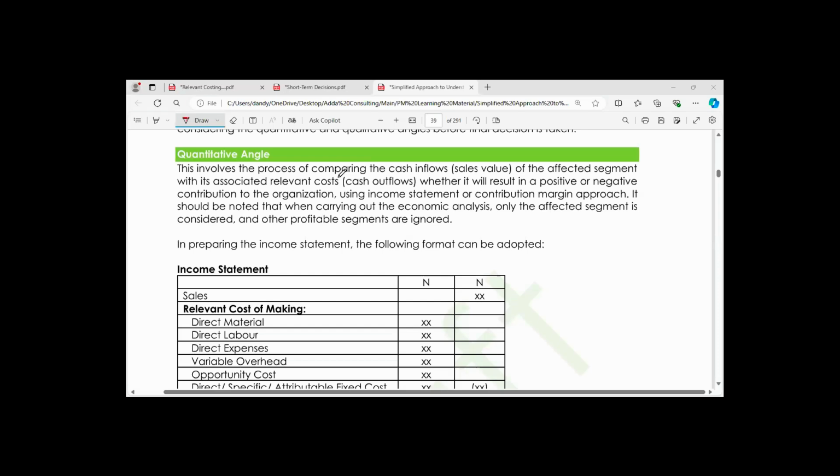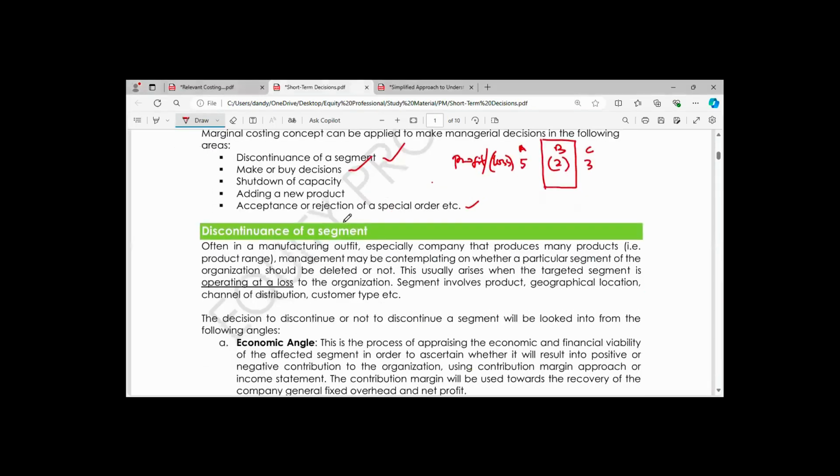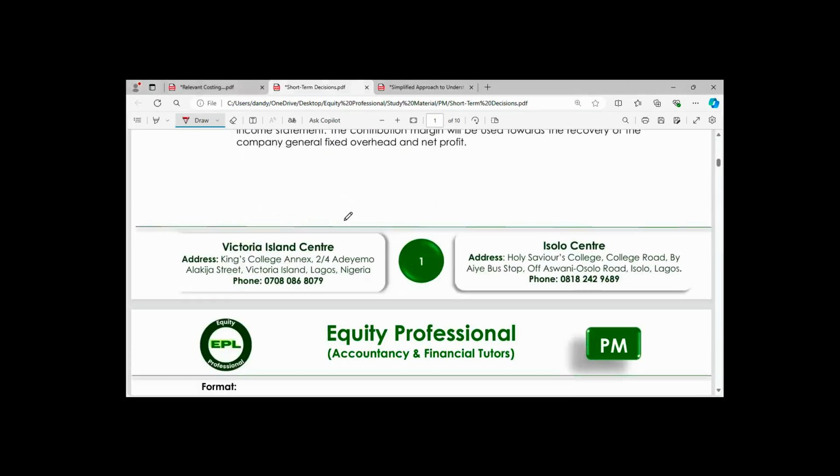However, it should be noted that when you are carrying out the economic analysis, only the affected segment should be considered. Only that segment that is operating at a loss is what you are going to focus your attention on. You are less concerned with the other ones.